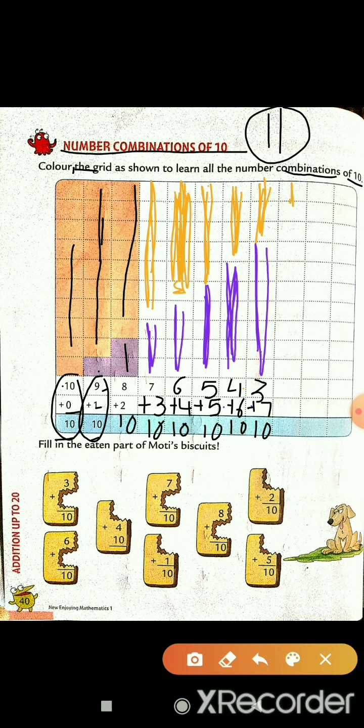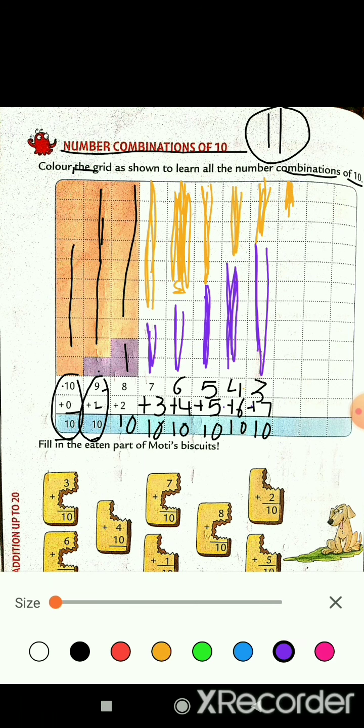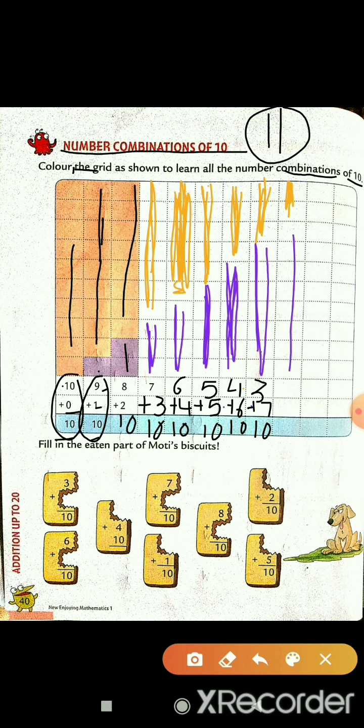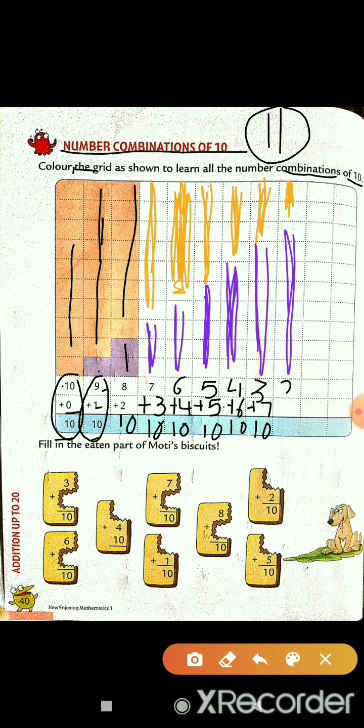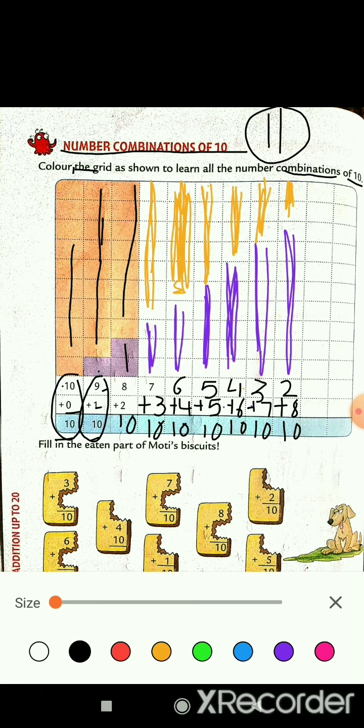Next, 2 boxes with orange color and 8 with purple color. Got it students? And you will write here 2 plus 8 is equals to 10.